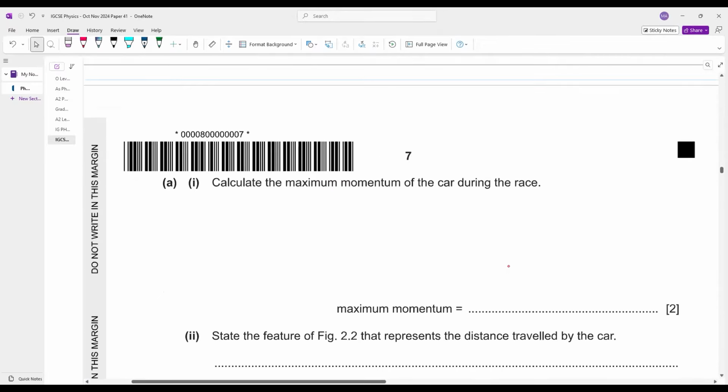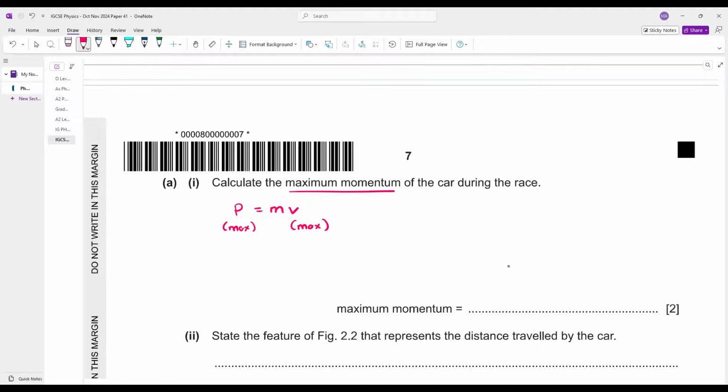Calculate the maximum momentum. What is the formula of momentum? Momentum is equal to mass into velocity. If you want to calculate the maximum momentum, you will take the maximum velocity.